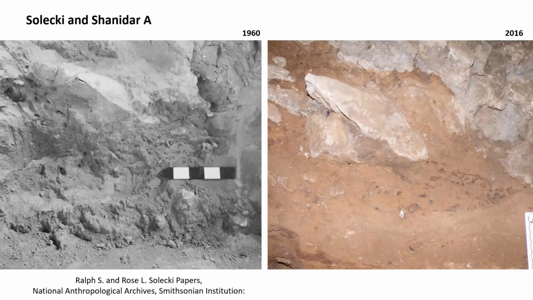So Selecki originally numbered the Neanderthal remains with Roman numerals. They were then renumbered, and this is described in Erik Trinkaus's work, using Western Arabic numbers. Some of the numbers then swapped, so there are differences between the Roman numerals and the subsequent numbers.